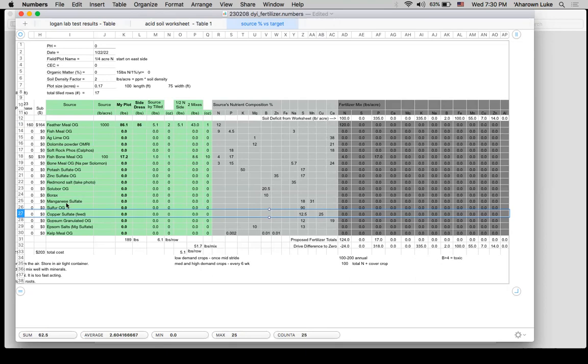So you would need to at least have whatever input, 7 pounds per acre, and then also boron comes from borax, just from the grocery store.